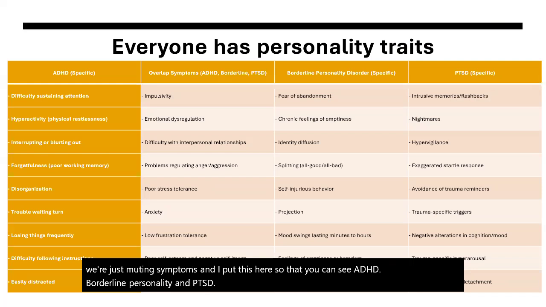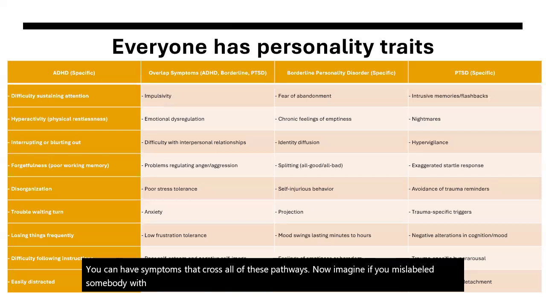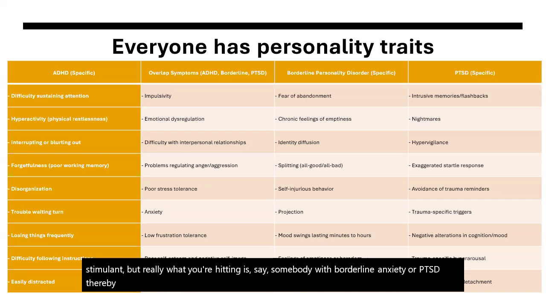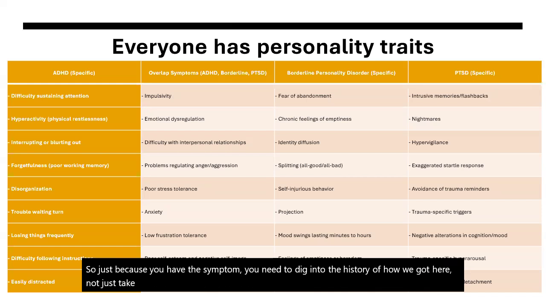You can have symptoms that cross all of these pathways. Now imagine if you mislabeled somebody with their inattention and impulsivity as ADD and you decide to treat that with a stimulant, but really what you're hitting is, say, somebody with borderline anxiety or PTSD, thereby exacerbating the condition. So just because you have the symptom, you need to dig into the history of how we got here, not just take the symptom and run with it.